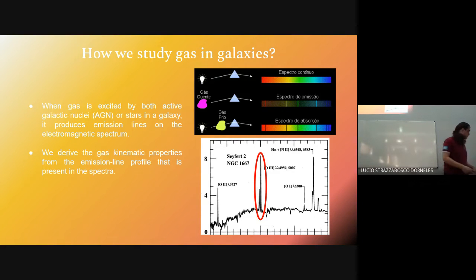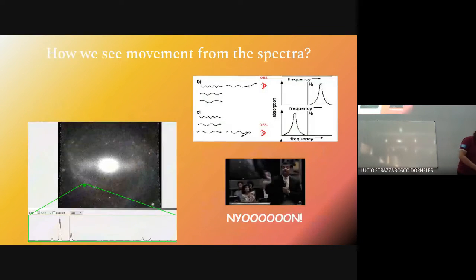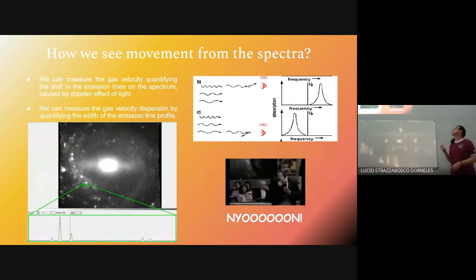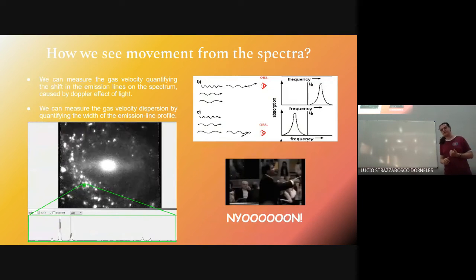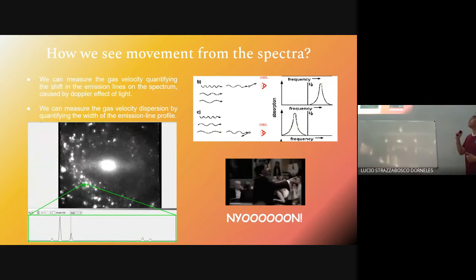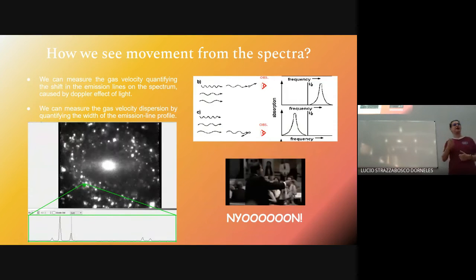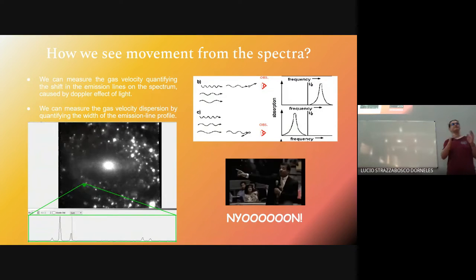So next, how do we see movement from the spectrum? We have two major quantities that we derive from the spectrum. The first one is the velocity. We quantify it by seeing how the center peak of the emission line is shifted from the rest frame of the observer.